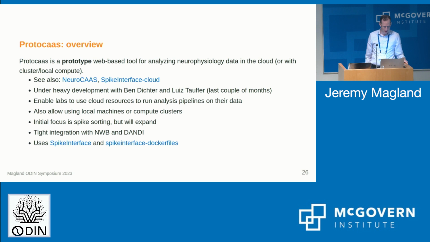The idea is to enable labs to use cloud resources to run analysis pipelines on their data and encourage them to upload to DANDI in order to make that work. The initial focus is on spike sorting, but we also plan to expand this.